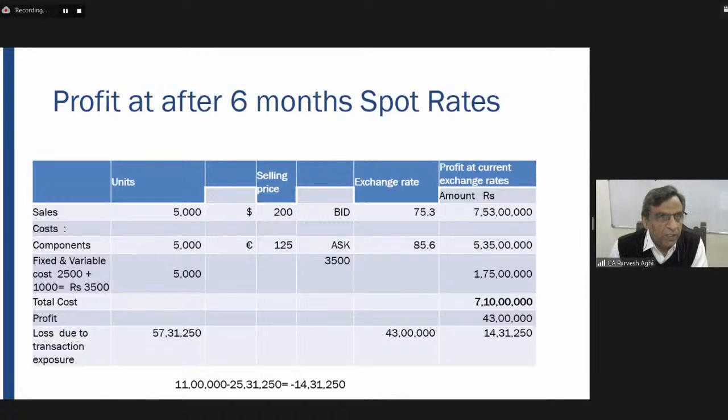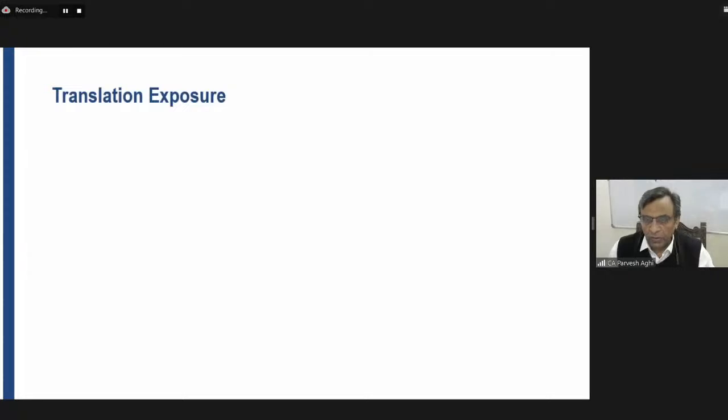And the profit he's making is on account of his export realization, which is 11 lakhs. But he's losing because the euro has appreciated, causing a loss of 25 lakhs 31,250. So overall, the loss to him in the business would be 14 lakh 31,250. So that's a real loss. Now we come to the translation exposure.